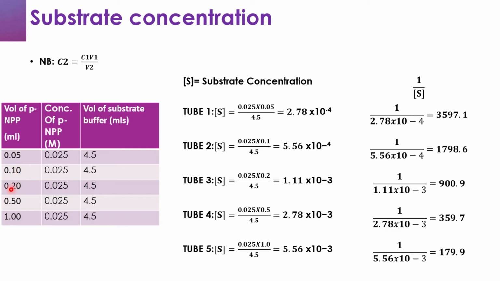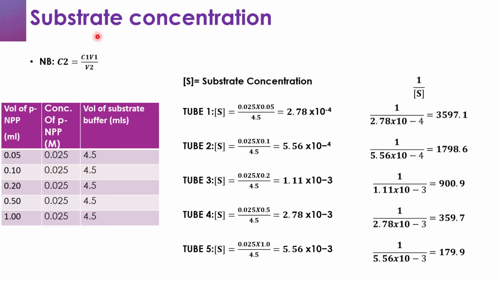The third test tube, the volume of our PNPP used. The fourth, this is the volume, and the fifth, this is also the volume of our PNPP used. And this is the concentration of the PNPP used throughout the reaction, which is 0.025 molar. And this is the final volume for our substrate buffer, which is 4.5.